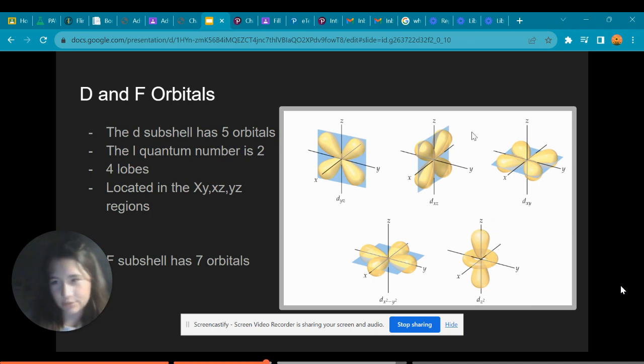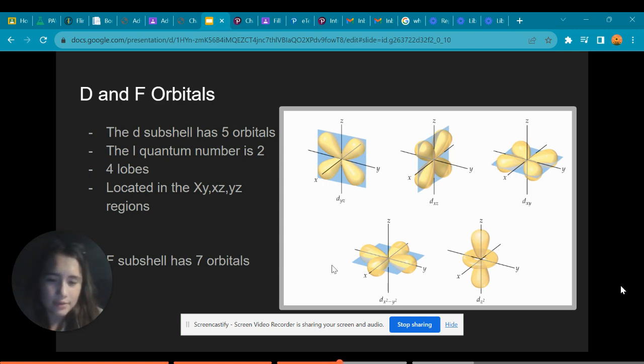The last 2 orbitals are the d and f orbitals. We know way more about d orbitals than we know about f orbitals, but the d subshell can hold 5 different orbitals. The L quantum number is 2. There are 4 lobes on a d orbital, and they can be located in the xy, xz, and yz regions, which is just in between, like for xy, that'd be in between the x and y axis, and so forth.